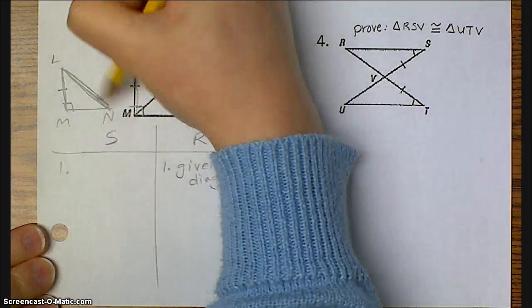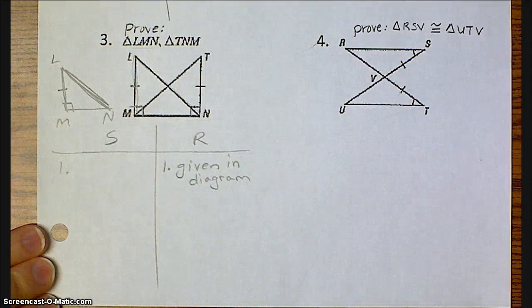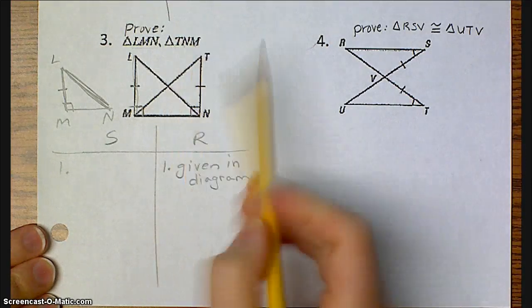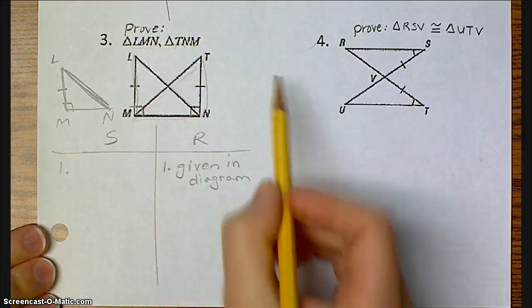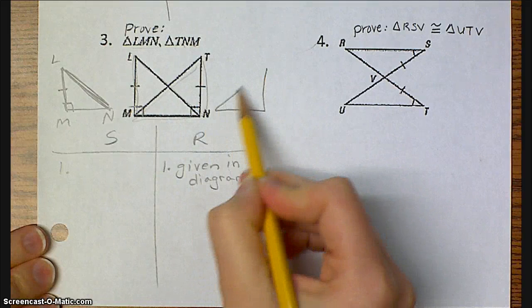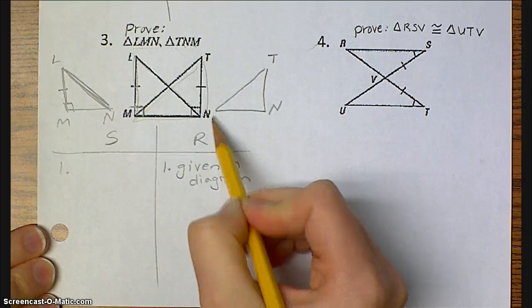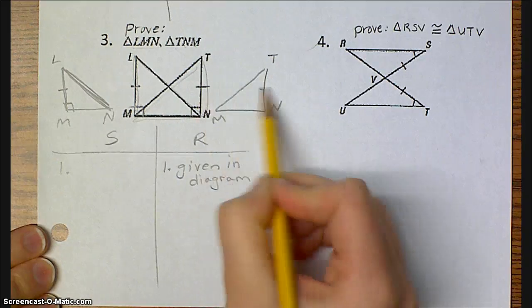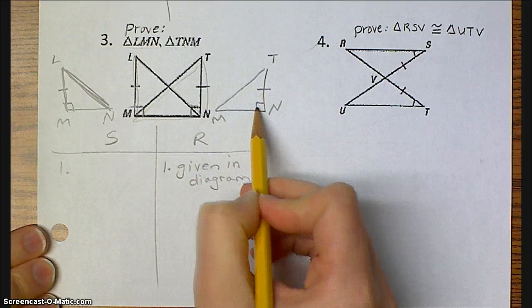Okay. I'm going to do the same thing for the other triangle, which is TNM right there. And then also transfer the tick mark over and the right angle symbol.